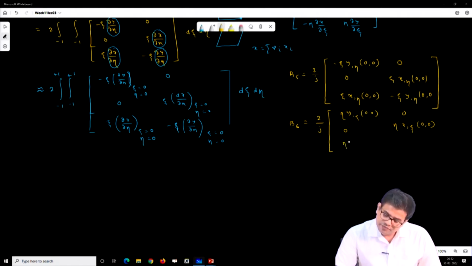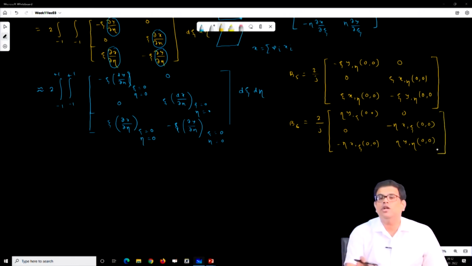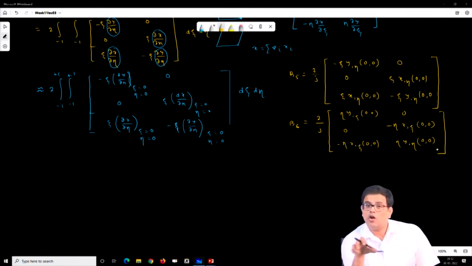So this will be minus x comma xi at 0, 0, and this is eta y comma xi eta at 0, 0. So you can see that this will always satisfy the patch test or the completeness condition for that element.